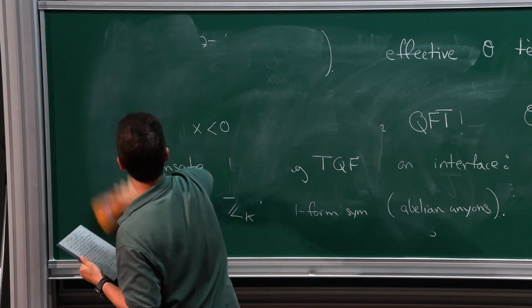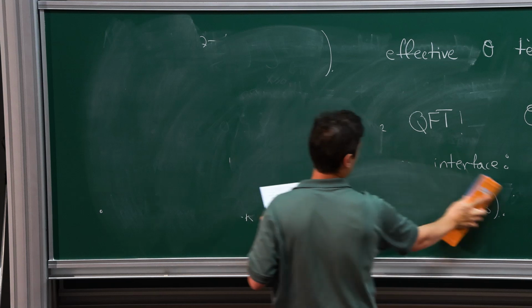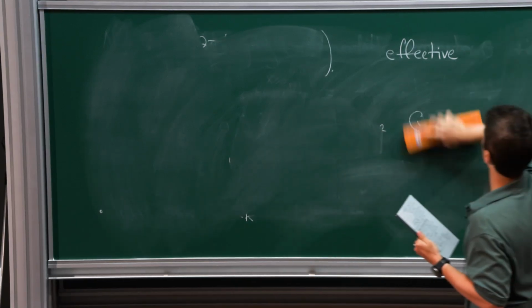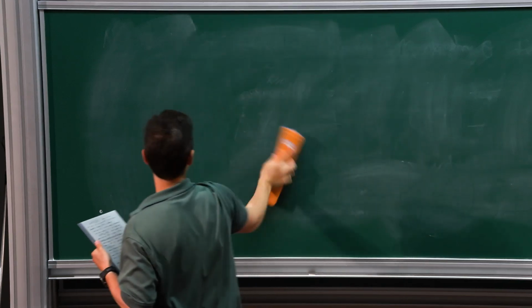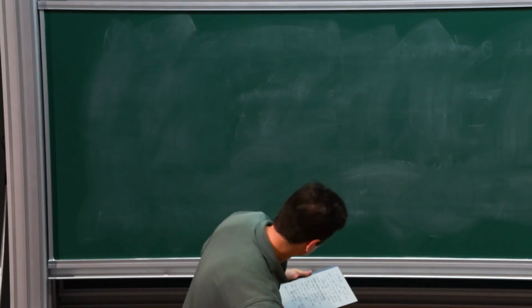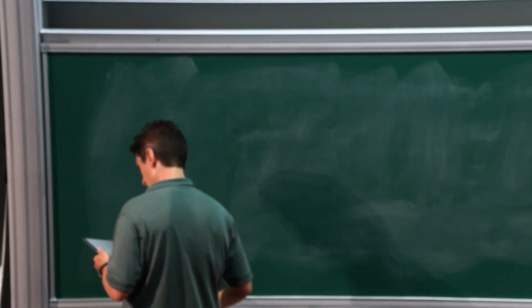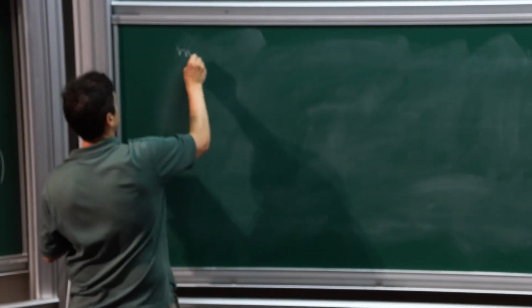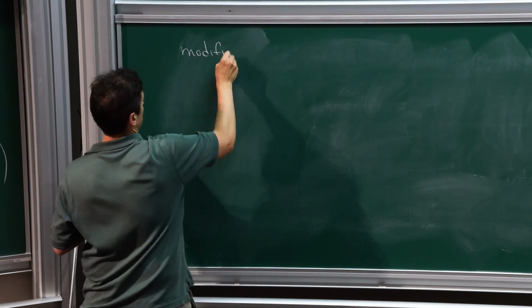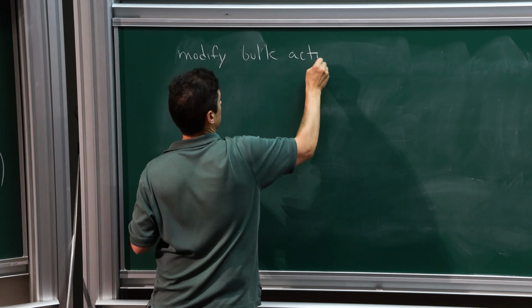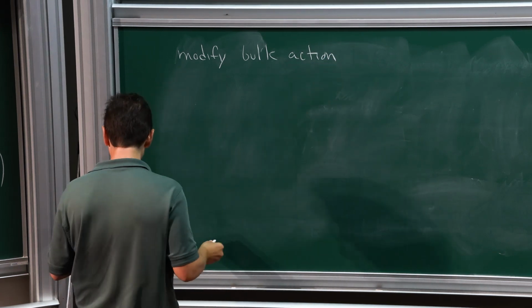So I want to gauge this Z_k one-form magnetic symmetry. Let me first do it in all of space-time. So we're going to modify the bulk action. What do we do?